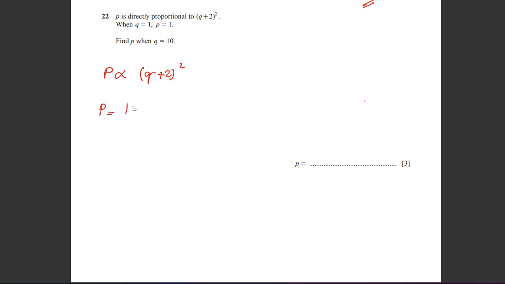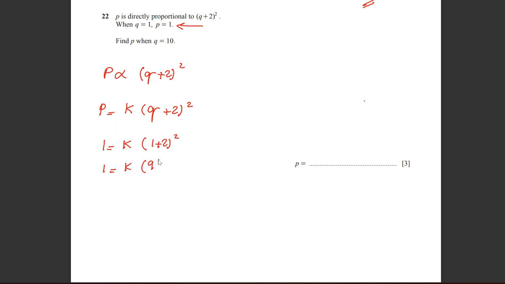Then substitute with this. So if P equals 1, here Q is 1, and 1 plus 2 all power 2. So 1 equals K multiplied by 1 plus 2, 3, power 2, 9. So from here I can see that K equals 1 over 9.